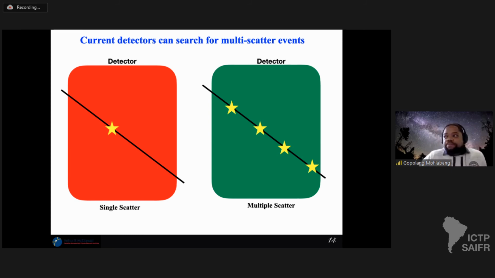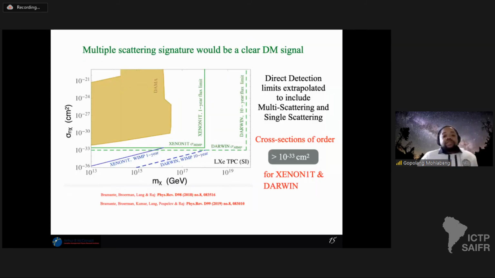The multi-scattering signature was first discussed in these two papers by Joe Bramante, Benjamin Broerman, Raphael Lang from PMR. The other ones then included Jason Kumar and Maxim Pospelov.